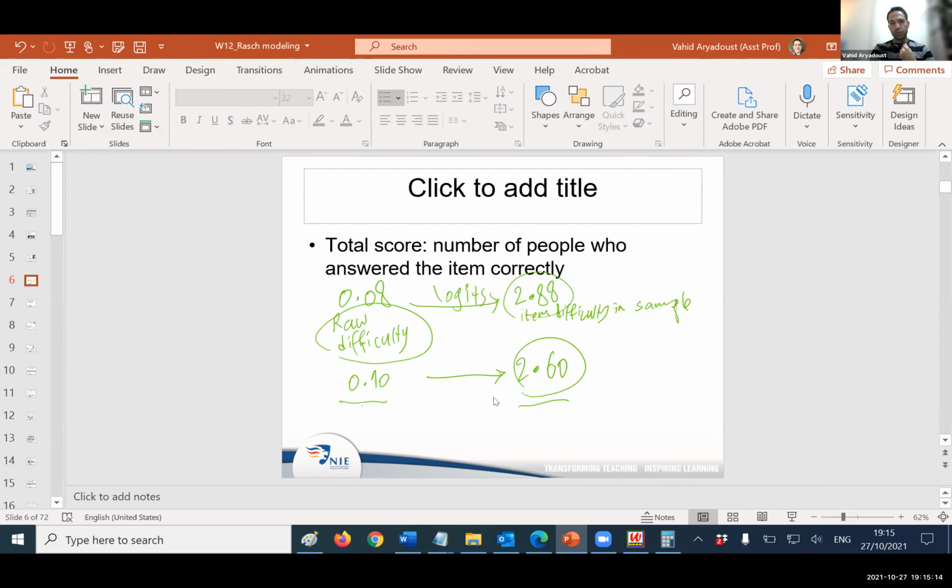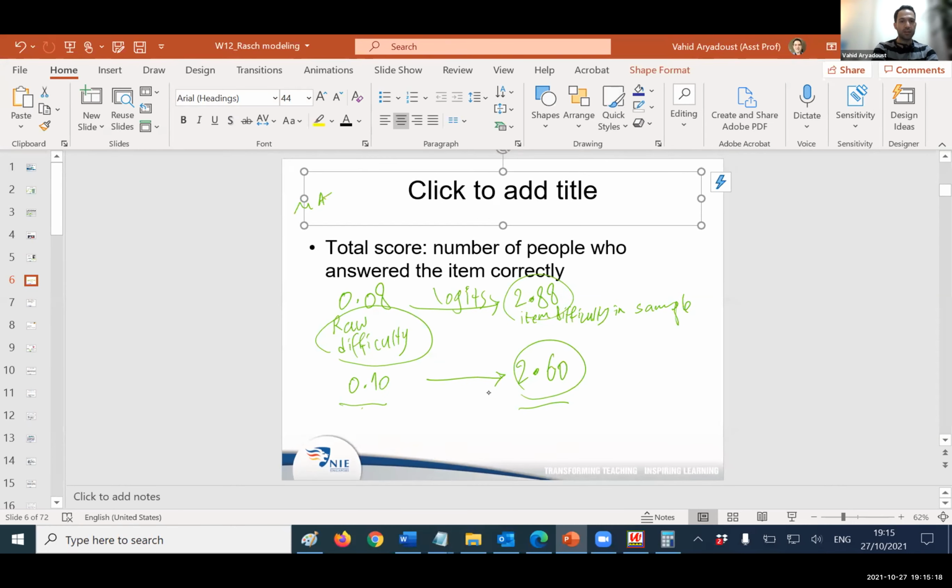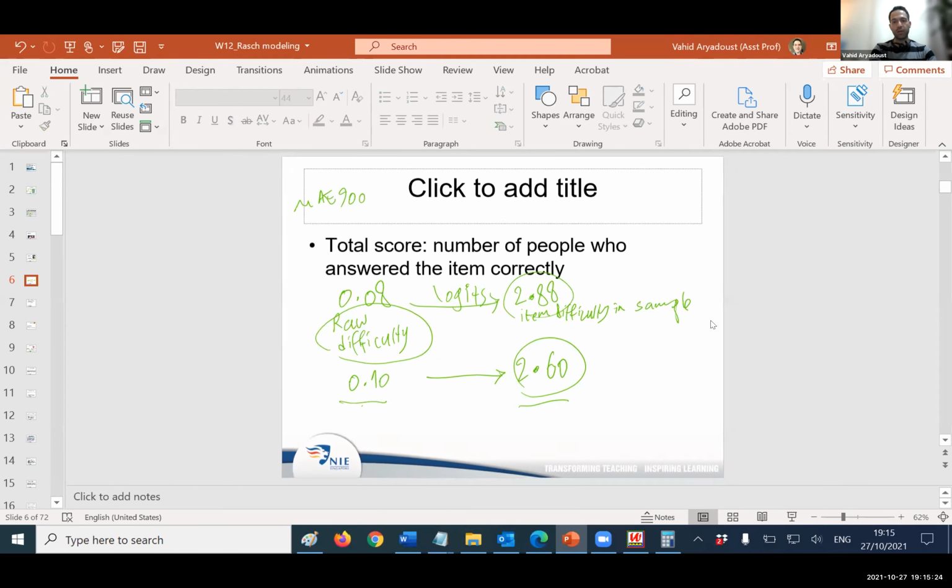Now, do you remember, those who are taking MAE 900, we have a concept called population?